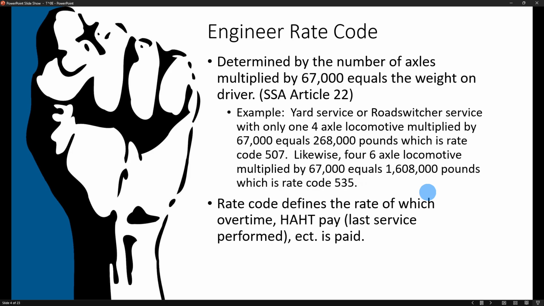Likewise, 4 6-axle locomotives multiplied by 67,000 pounds equals 1,608,000 pounds, which is rate code of 535. Rate codes define the rate of which overtime, halt pay, held away from home terminal pay, of last service performed, etc.